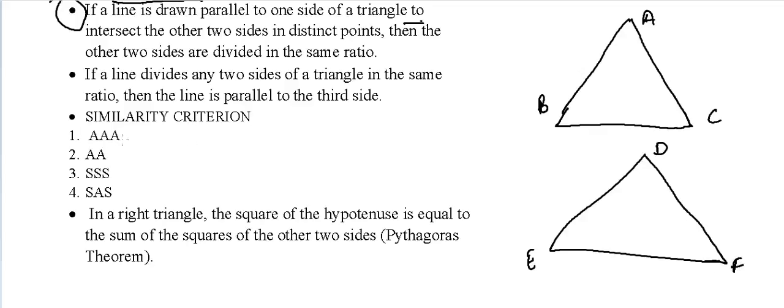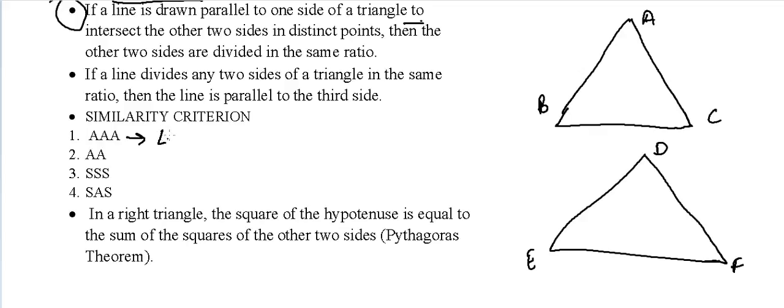So let us understand the first criterion, that is AAA, angle, angle, angle. In congruency we have studied there is no criterion like AAA, but in similarity there is a criterion known as AAA.